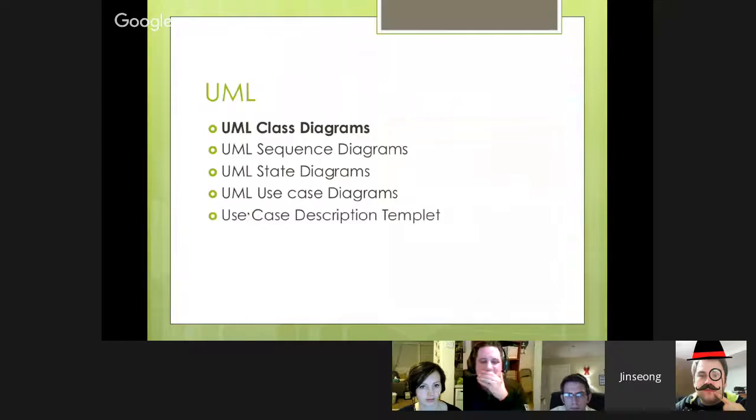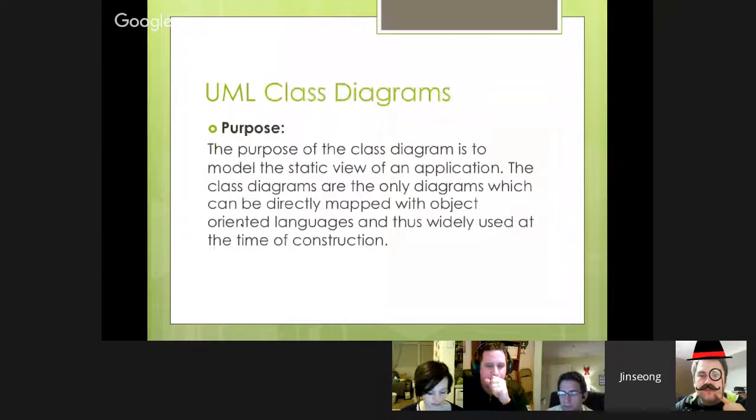There are 5 diagrams of UML, but today I'll just focus on UML class diagrams. The purpose of a UML class diagram is to model the static view of an application. The class diagrams are the only diagrams which can be directly mapped with object-oriented languages and thus widely used at the time of construction.